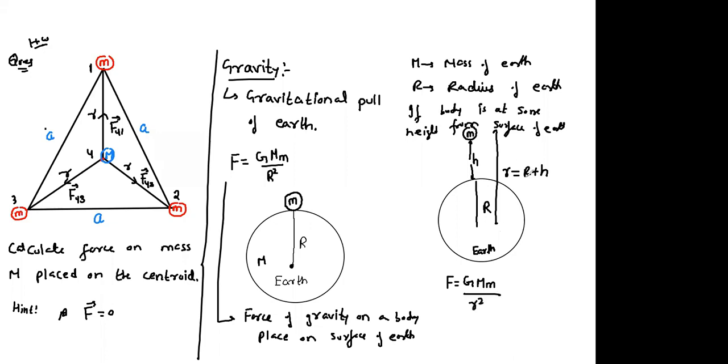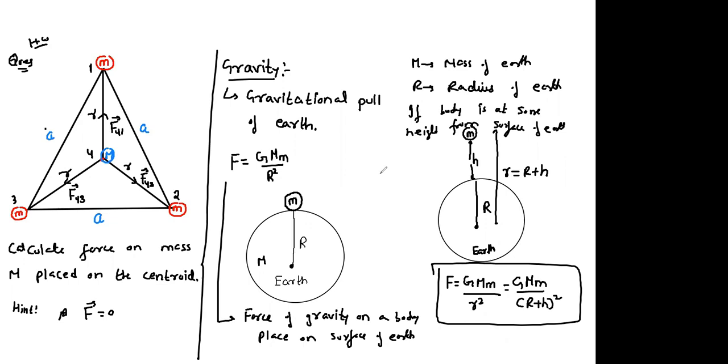And what is small r? It's R plus h. See, we always take the separation between the center of Earth and the body. So you can write this as GMm divided by (R plus h) whole square. That's the force of gravity on the body. Is it clear?